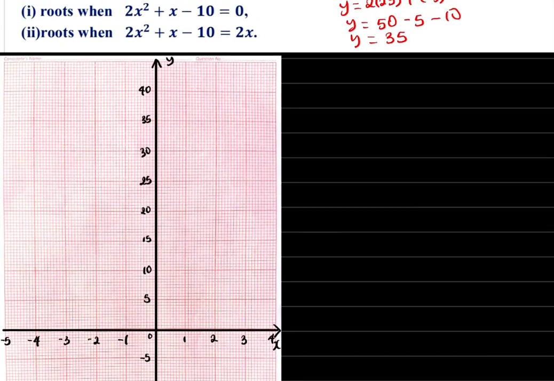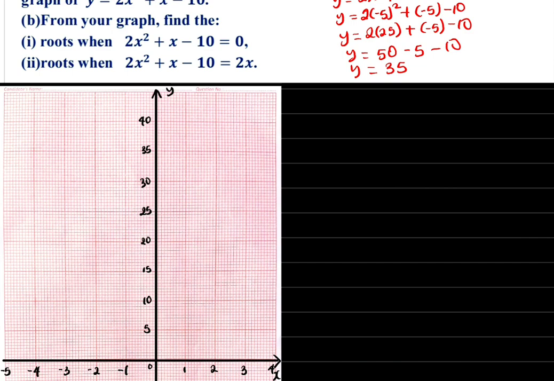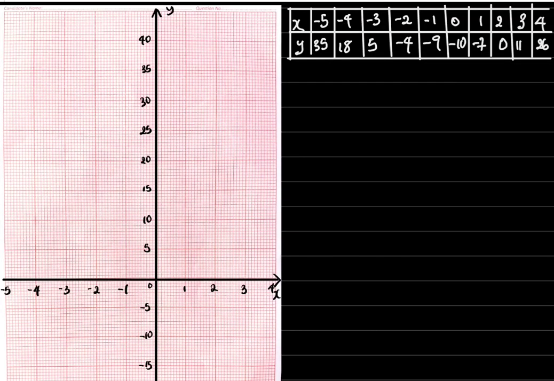So here I have minus 5, minus 10, minus 15, and so on and so forth. Okay, so of course this is the origin, so it's 0. Now I can start plotting my graph. So I decided to bring my table here so that it will be easier for me. Okay, so let's start now.